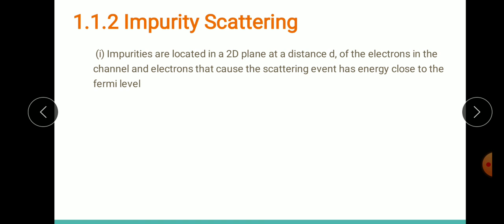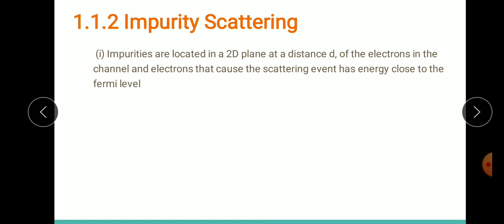As we said in the case of our gallium arsenide, aluminum gallium arsenide layer, our electrons in the channel have an energy close to the Fermi level, and the impurities are located at a particular distance away from these electrons, so that the scattering event has an energy close to the Fermi level. So that is one assumption.